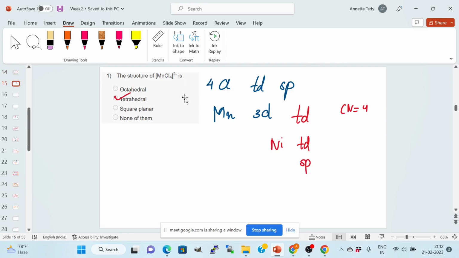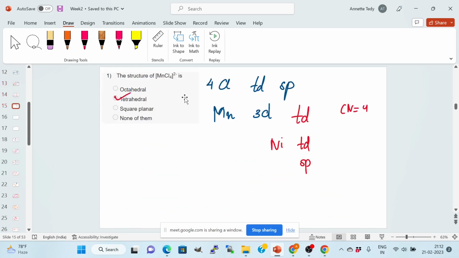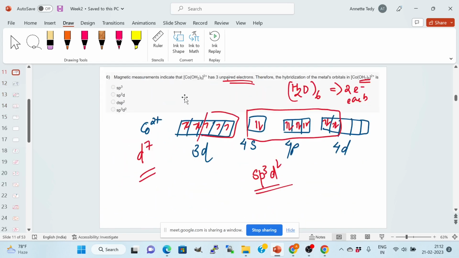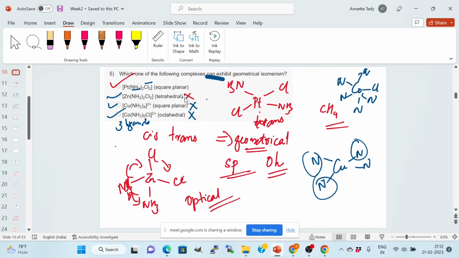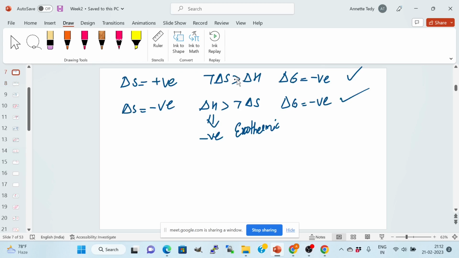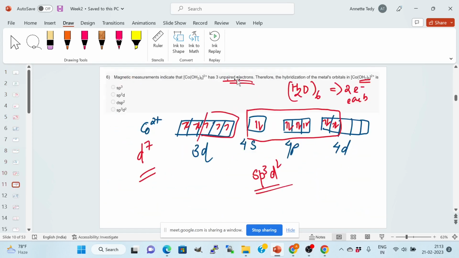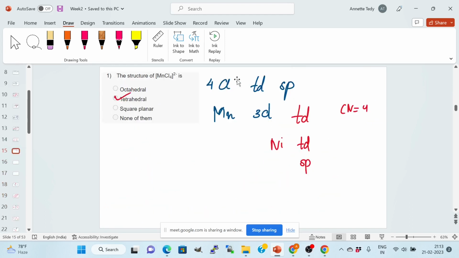Check this one. Which of the following complexes can exhibit geometrical isomerism? I think it is this one, octahedral. This one, yeah.